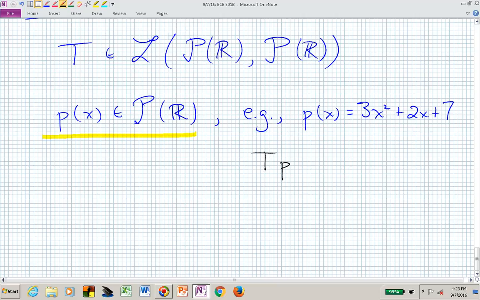This is what you had in first semester calculus. What is T applied to p? Is that result belonging to the set of all polynomials? Yes. So 6x plus 2 is in script P of R, as is 3x squared plus 2x plus 7.